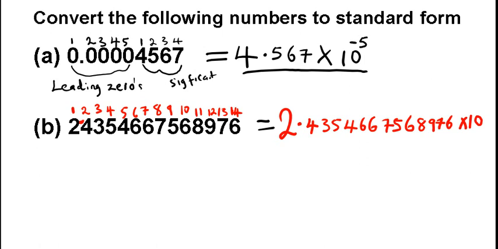You count the remaining numbers after the decimal point: 1, 2, 3, 4, 5, 6, 7, 8, 9, 10, 11, 12, 13. So it's 10 raised to power 13.